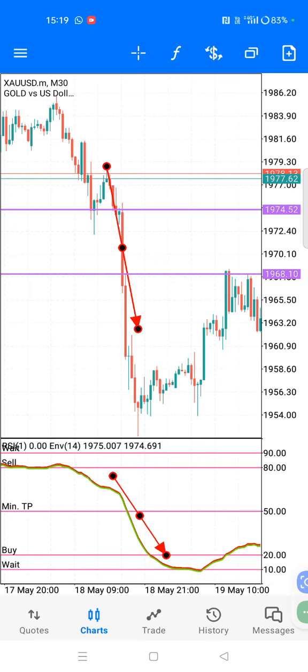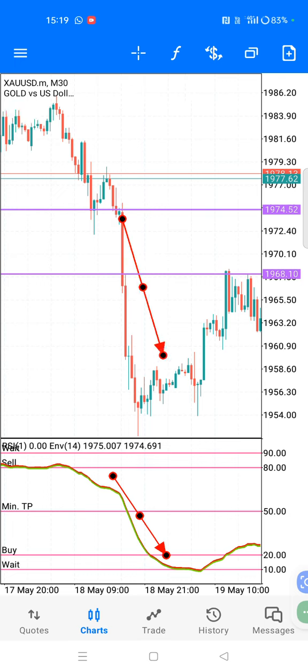If you are the kind who just takes one trade and lets it ride, let's say you put 0.01 lot and you never have any layer. From 1974 all the way to 1968, if it bounces back, you already earn $6.40.